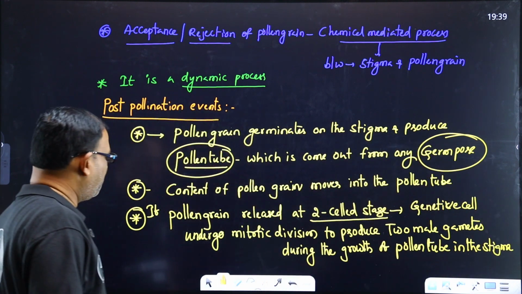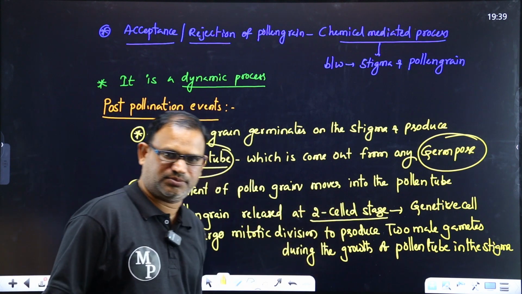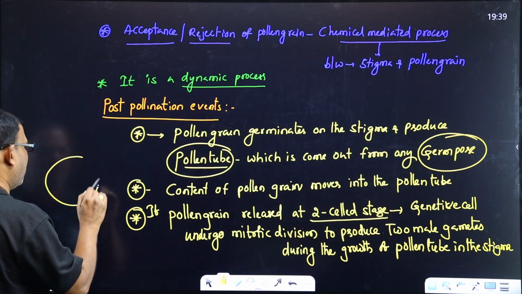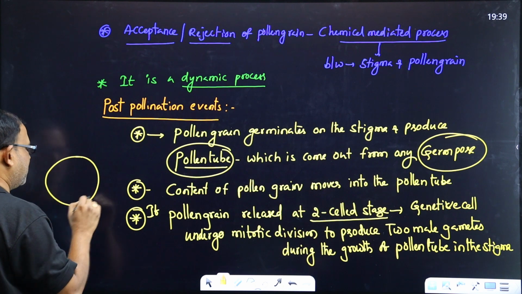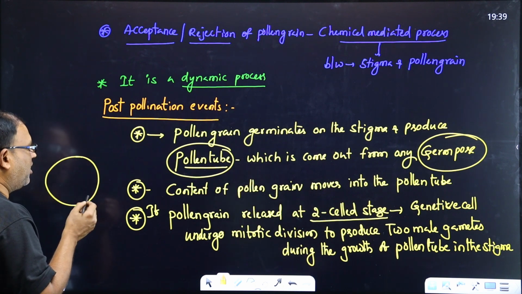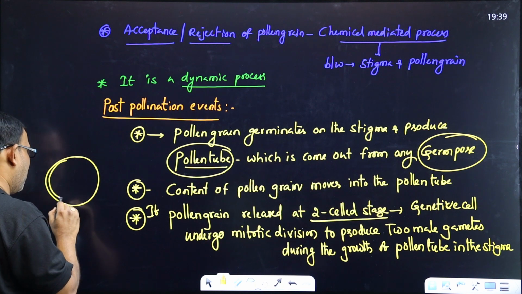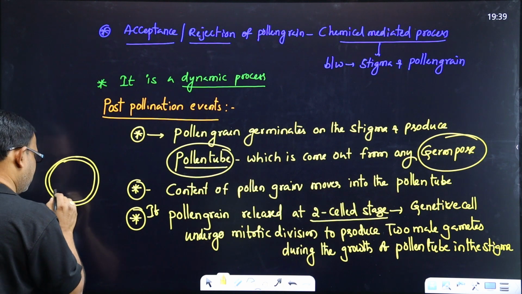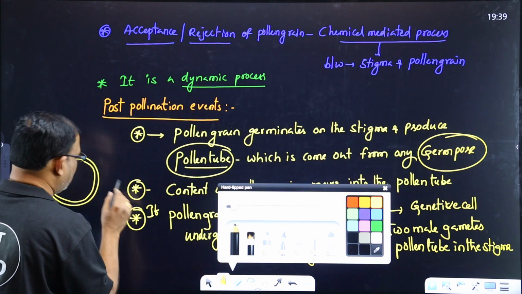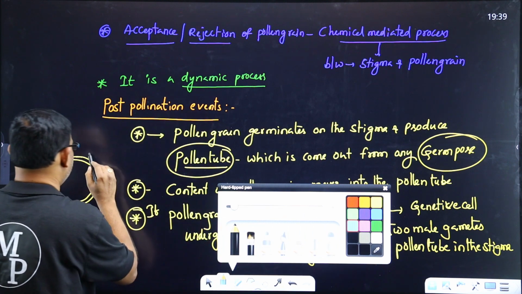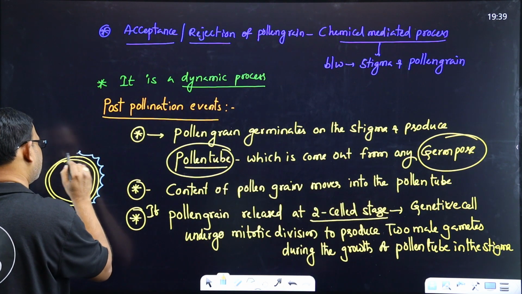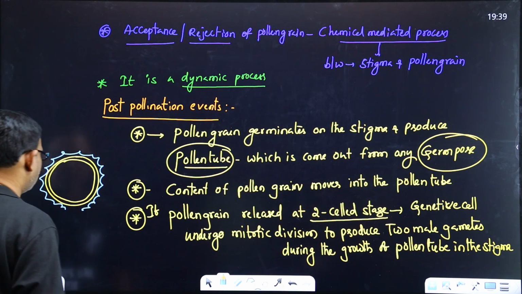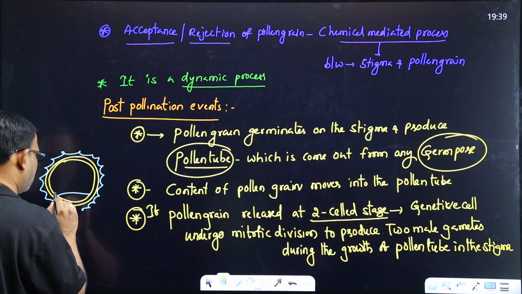Okay, now, if the pollen grain is released at a two-celled stage, like you know, this is the pollen grain. This is a continuous thin layer, the inner layer is called intine. This one is the plasma membrane. Outside is the exine layer, with prominent apertures. Inside there are two cells.